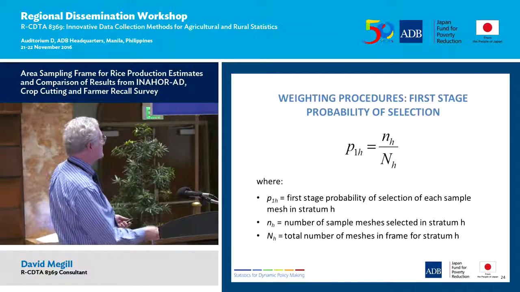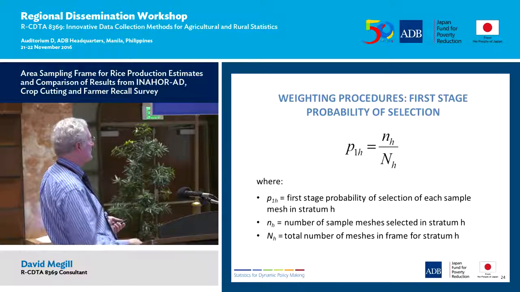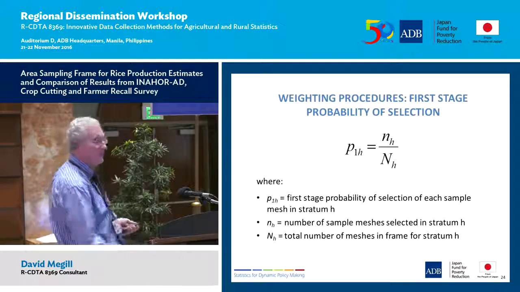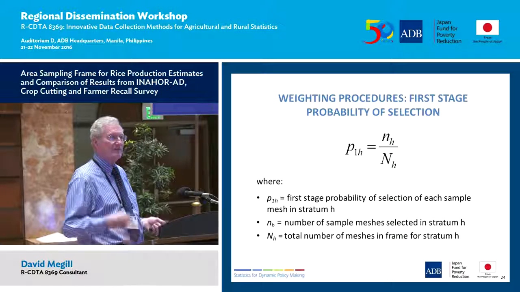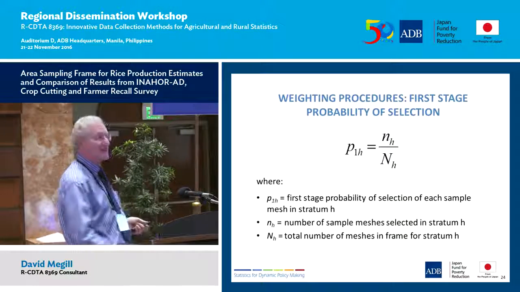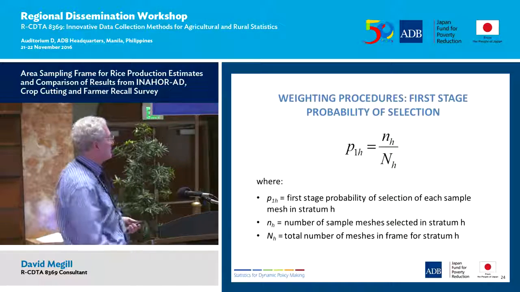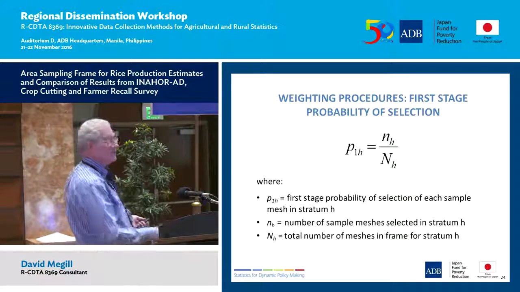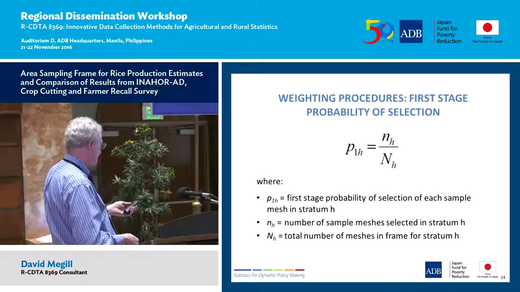So that gives us the first stage probability of selection. Of course, this varies by stratum. In the other stratum, for example, we were only selecting 5 sample meshes, so this probability is going to be fairly low.